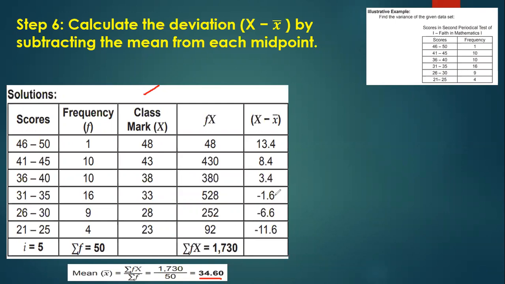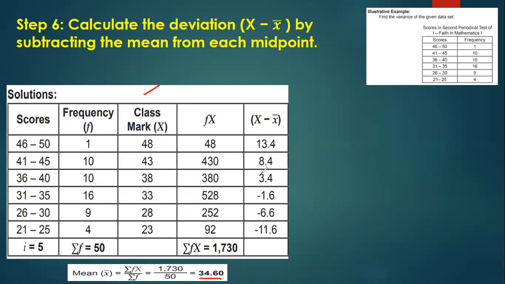Sir, is it possible to have a negative sign in the answer? Yes. So 28 minus 34.6 is negative 6.6. 23 minus 34.6, the answer is negative 11.6.